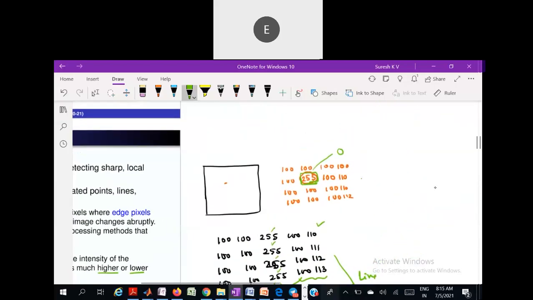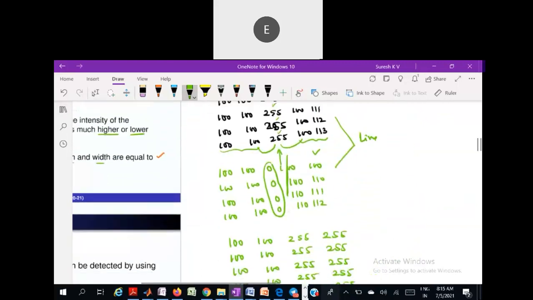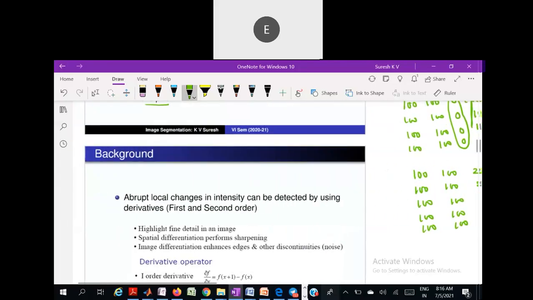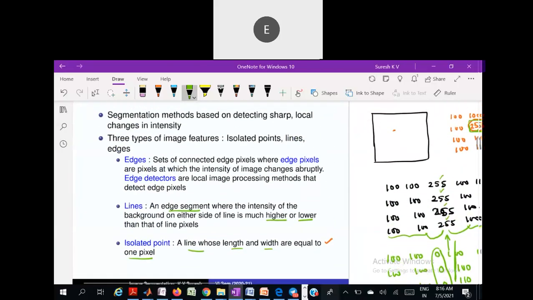This example is for an isolated point, and this is an example for an edge. Anybody? What is the difference between an edge and a line? Okay, at least you can read this and tell me.